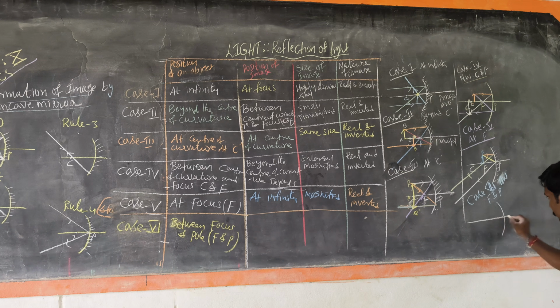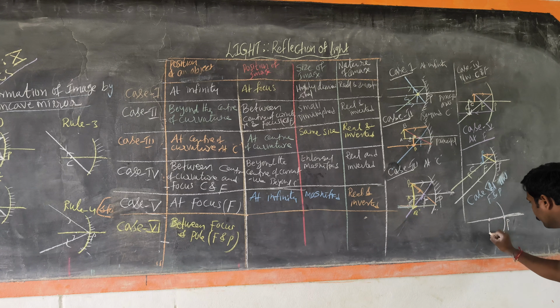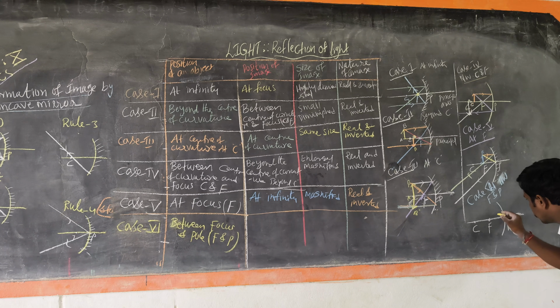Concave mirror. This is the pole, principal axis, focus, center of curvature. Then the object AB is placed in between pole and the focus.